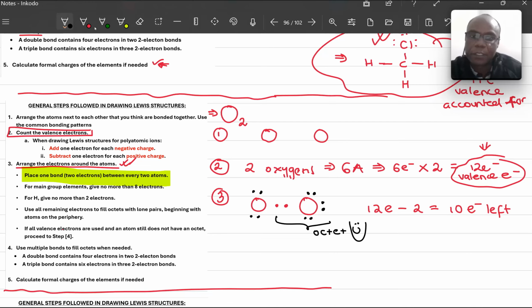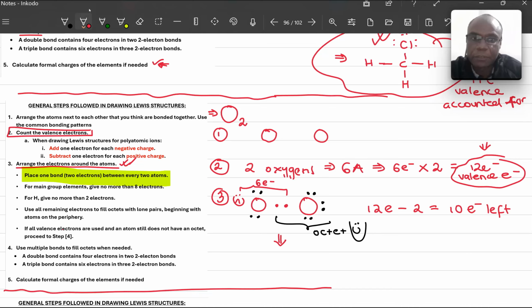Okay. However, if you look closely at this one, you have 4 black dots and 2 red dots shared on that oxygen. This is a 6 electron environment of that oxygen, and he is not happy. He's very, very sad. So the solution to that is going to be looking at the dots.